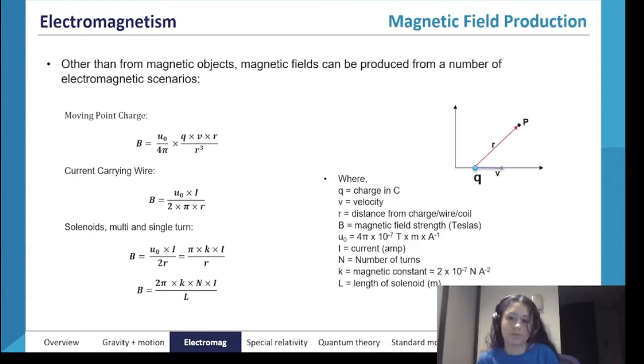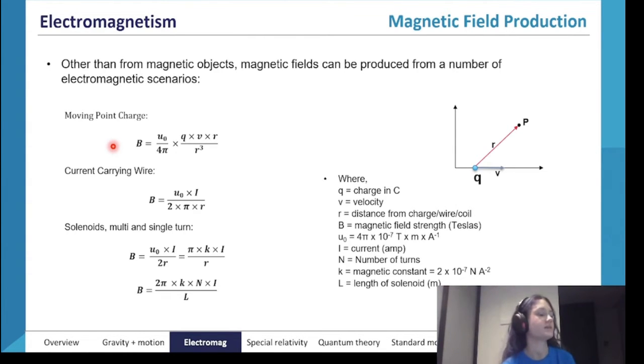So we can determine the magnetic field in a number of scenarios, including the magnetic field on a moving point charge, such as a moving electron. And this is given by our first equation here.